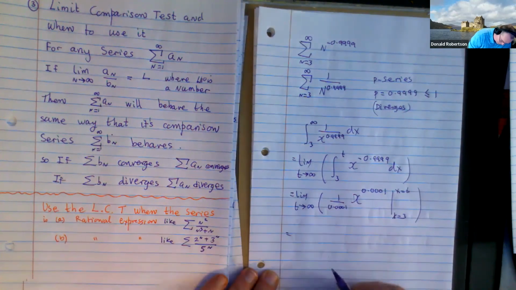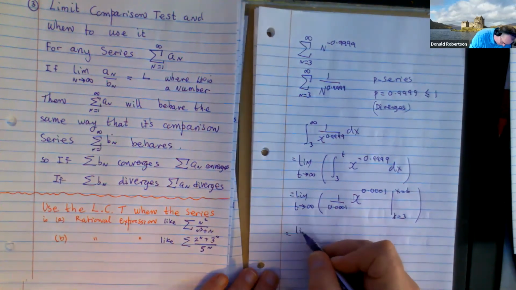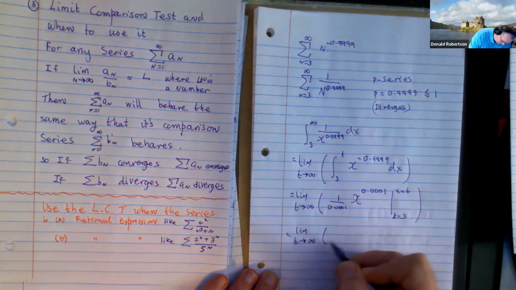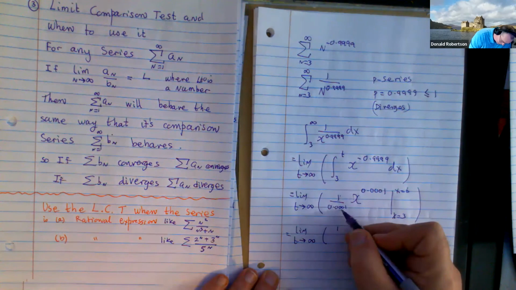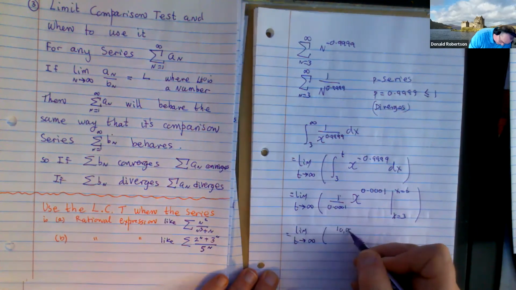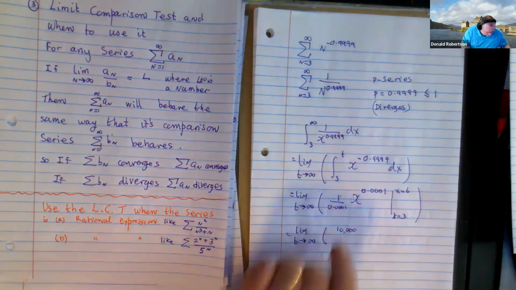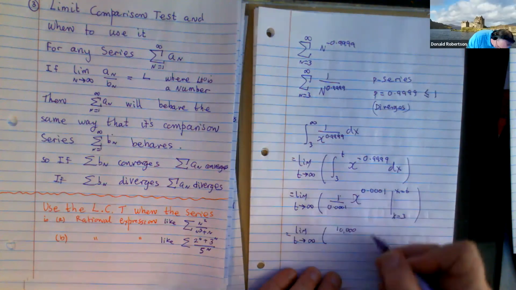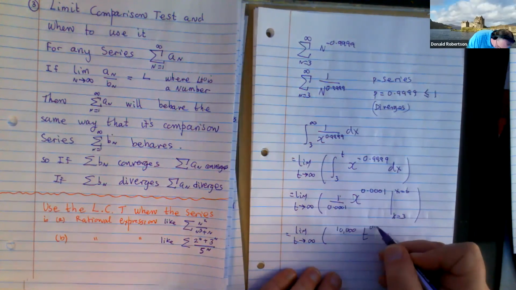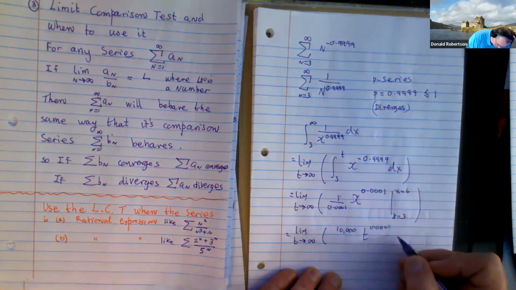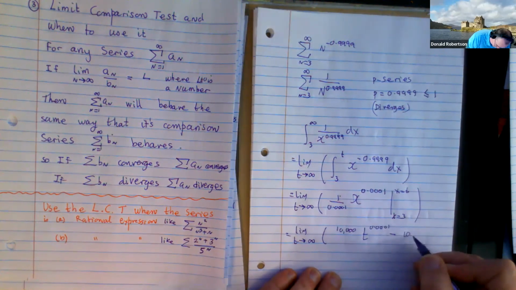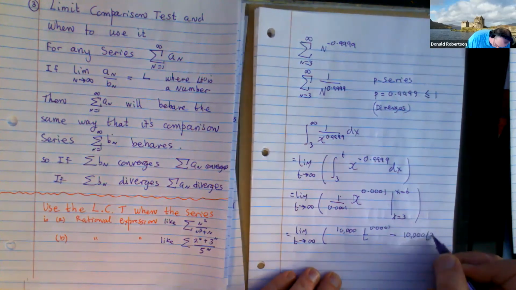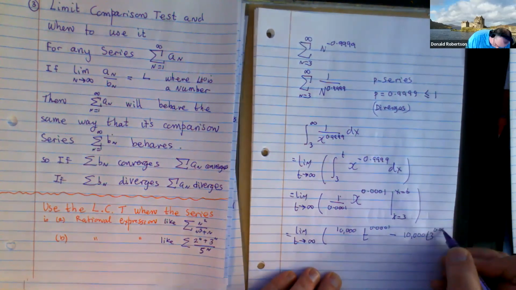So it's going to be the limit as t tends to infinity of, well, 1 over 0.0001 is 10,000. I'm going to just leave that as a weird power because I can live with that. Take away 10,000 times 3 to the power of 0.0001.